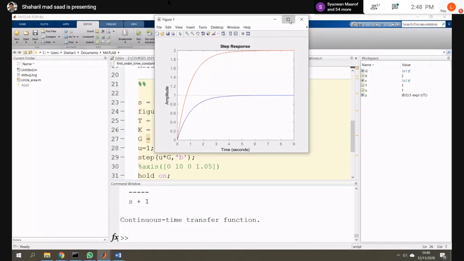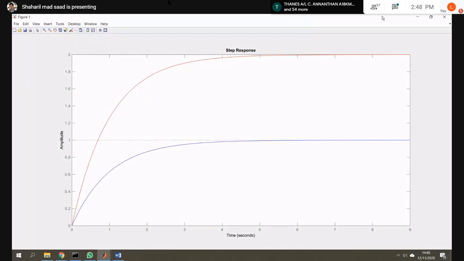Okay. The blue color is k equal to 1. The red color one is k equal to 2. Here you can see the steady state error. The steady state error is equal to 1, 2 minus 1 here. But the time to achieve 1, compare with this one.